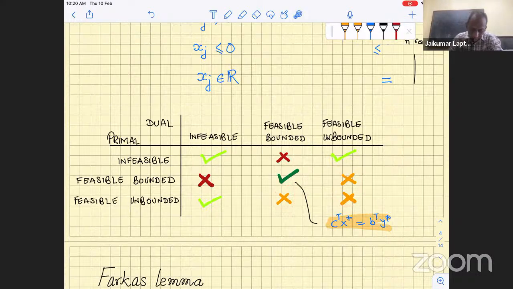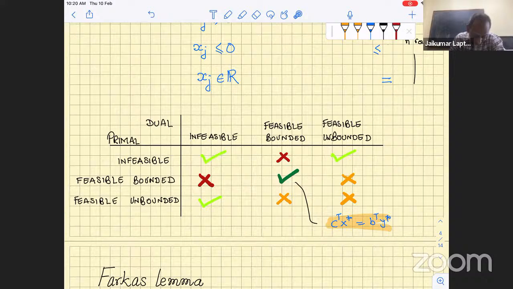Weak duality already says, for example, could it be that the primal is bounded and the dual is, sorry, what did I say? Yeah, so we know that, these entries.